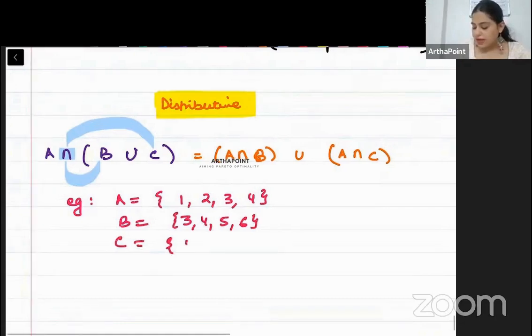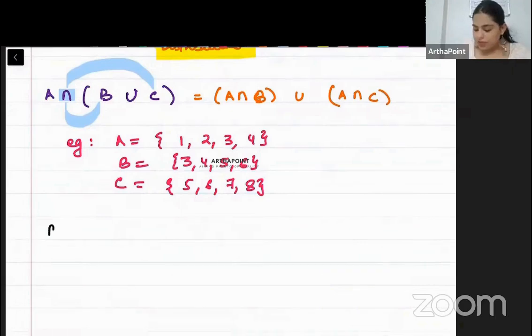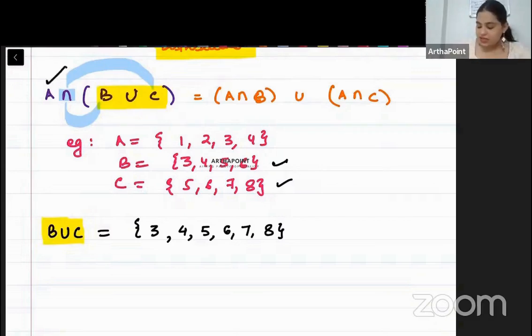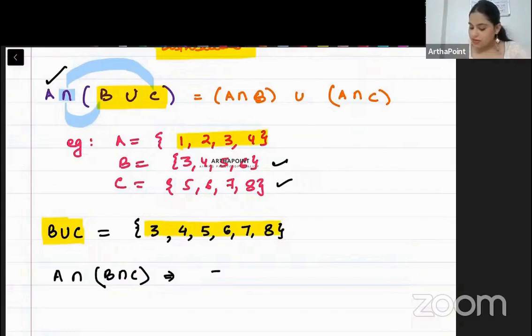C is 5, 6, 7, 8. ठीक है जी. अब एक बात बताओ मुझे कि B union C क्या होगा? वो elements जो B और C दोनों में आ रहे हैं, तो ये सारे elements लेने पड़ेंगे. क्या क्या elements हो जाएंगे बेटा? 3, 4, 5, 6, 7 and 8. ये हो गया मेरा B union C. अब अगर इस B union C का मैं A के साथ intersection कर दूं, A के साथ इसके common elements निकाल लूं, तो इसमें और A में क्या common है? Beta, common between A and this will be 3 and 4. So this will be your final answer.